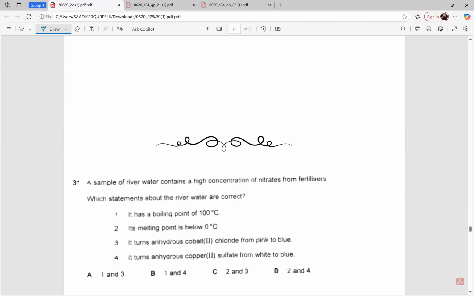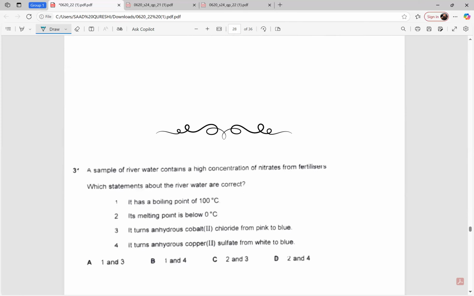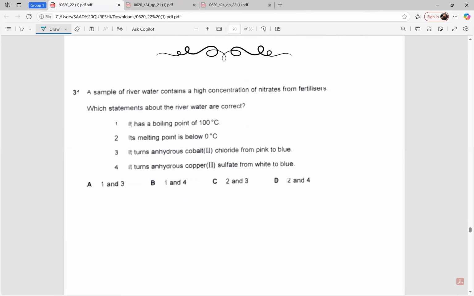A sample of river water contains a high concentration of nitrates from fertilizers. Which statements about the river water are correct? The river water has nitrates, and nitrates act as impurities in the water. Because of the impurities, the melting point decreases and is below 0.